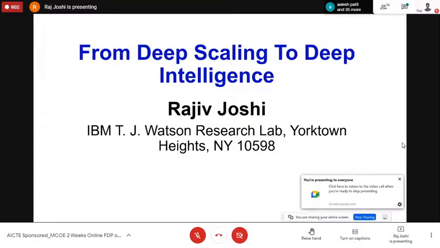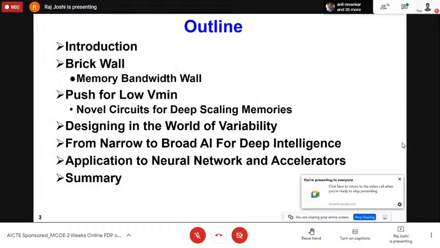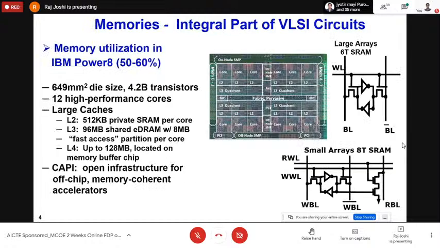So I hope you understand what I said earlier. I showed a couple of slides. This one was my outline. This is memory as an integral part of VLSI. I gave a talk about how much memory there is and why memories are important. They occupy 50 to 60%.